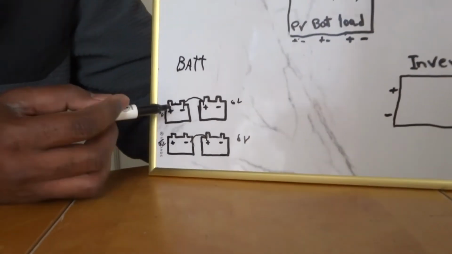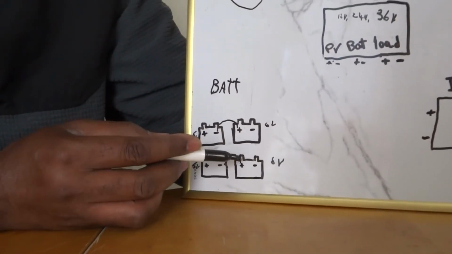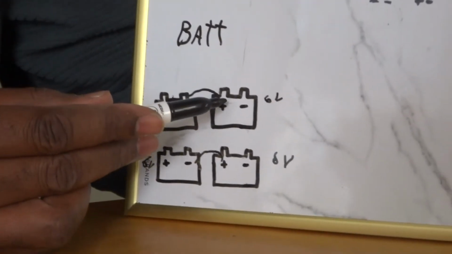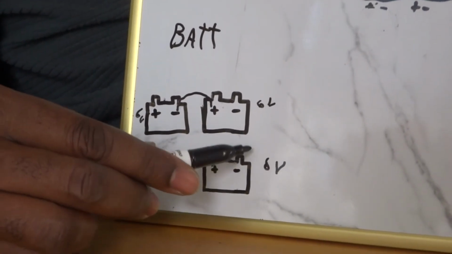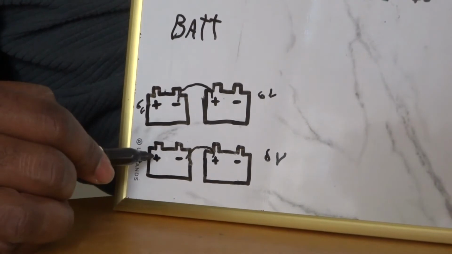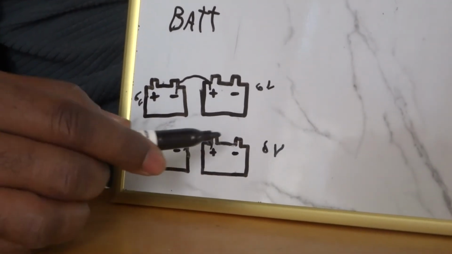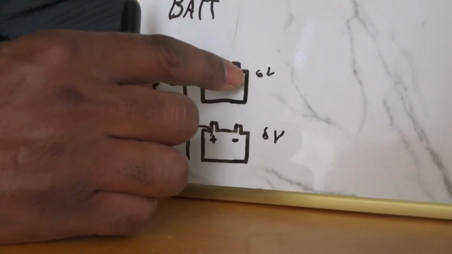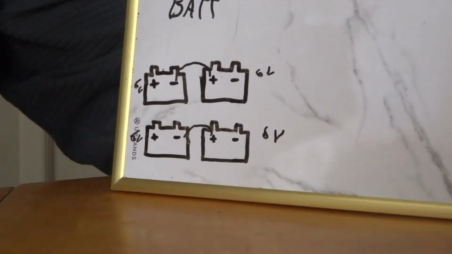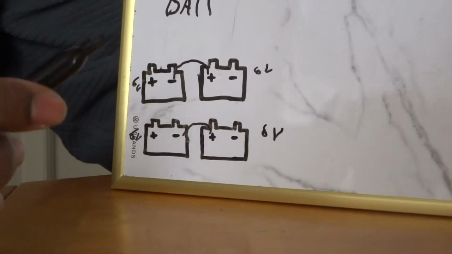You still have to put them in series in order to have 24 volts. If you test the batteries with your multi-tester, you will find 12 volts here and 12 volts here. So to have 24 volts, you have to connect them in series.